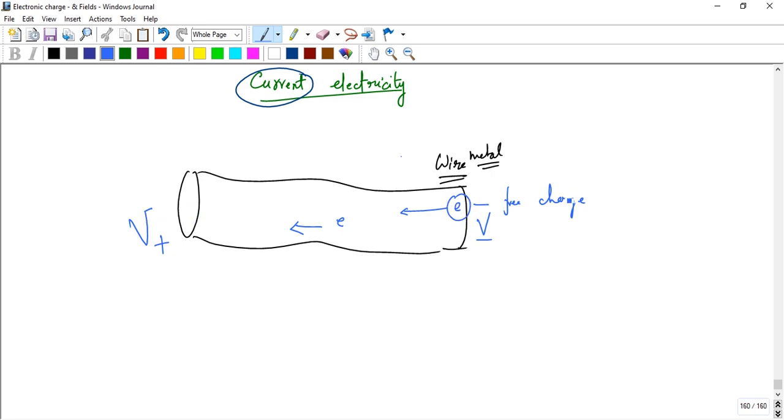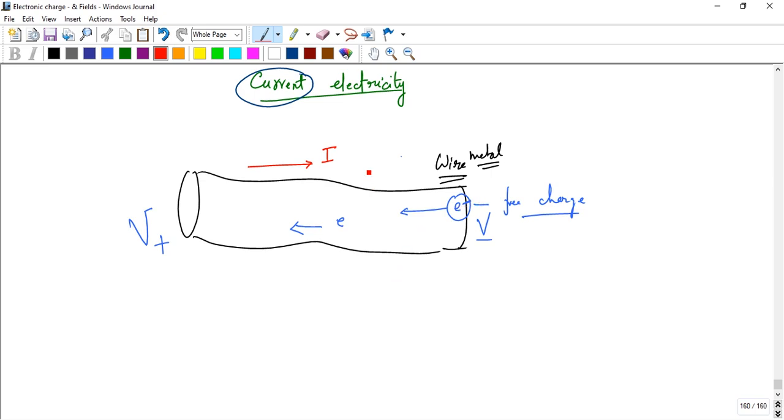And the current flows in the opposite direction of the electron's motion.